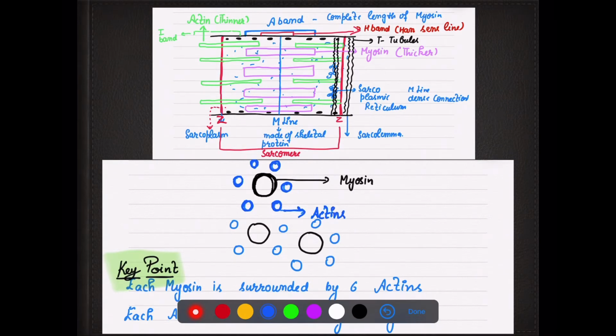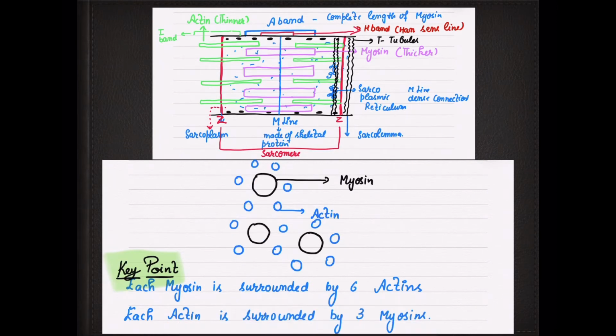Now let's draw one more. This is another myosin. Let's count the actin: 1 2 3 4 5 6. So this is also covered by 6 actins. This is another myosin, again 1 2 3 4 5 6.